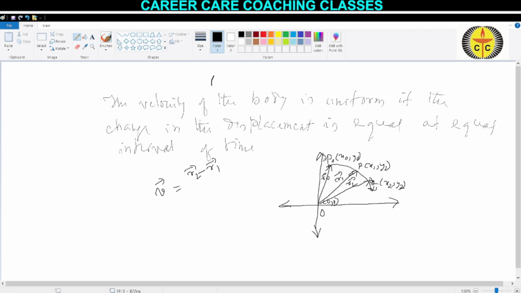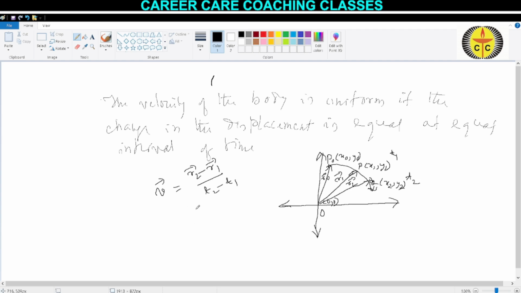And when the particle is at P0, suppose this is at 0 time, and when it is at x1, y1, the time is t1, while at Q this is at t2. So the time interval is t2 minus t1.